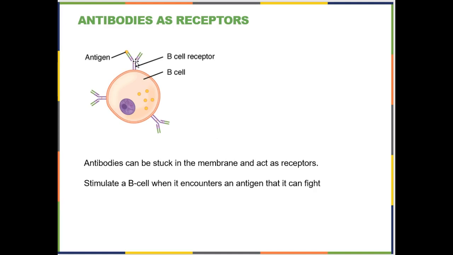I don't know if they work the same way, but they basically do the same thing, where something sticks to the receptor on the outside, and then inside the receptor is hooked up to lots of cellular machinery so that the cell can respond to molecules, proteins, antigens in its environment. So here you have a B cell with this class of antibody stuck in the membrane acting like a receptor that will let this B cell know when it has bumped into an antigen that its antibody recognizes.